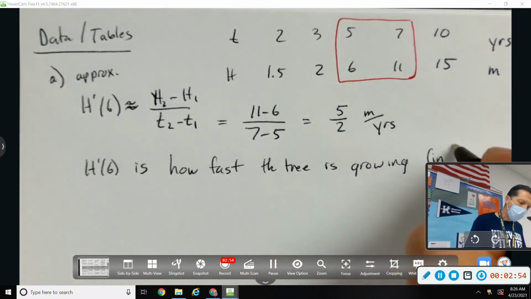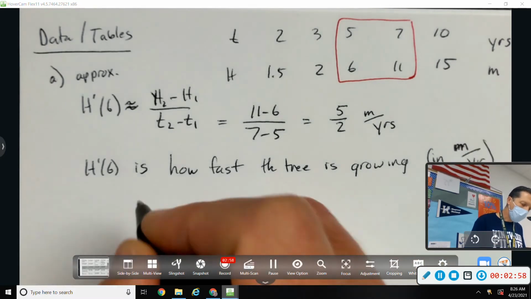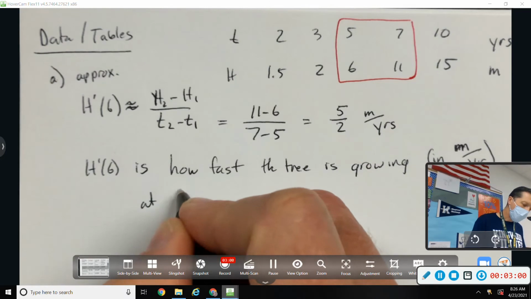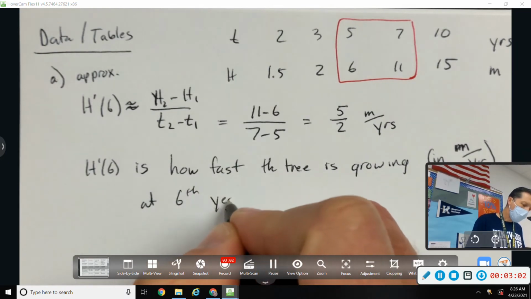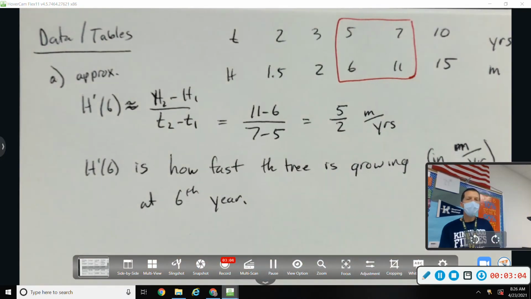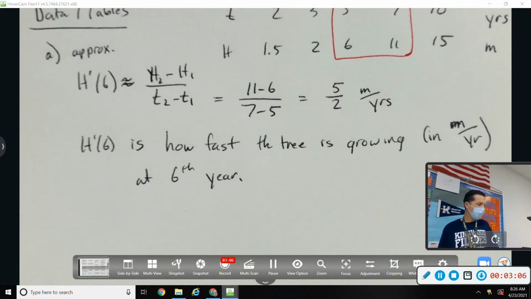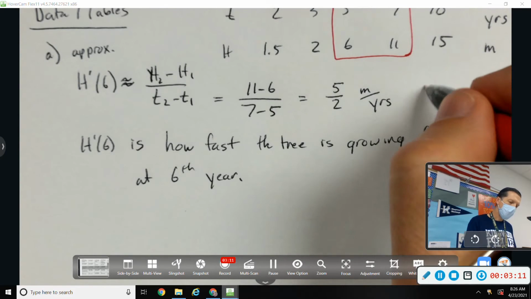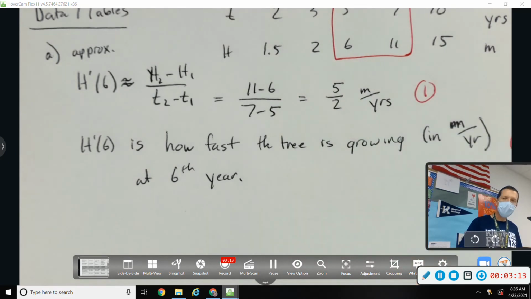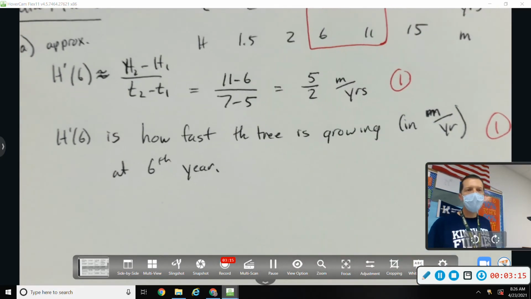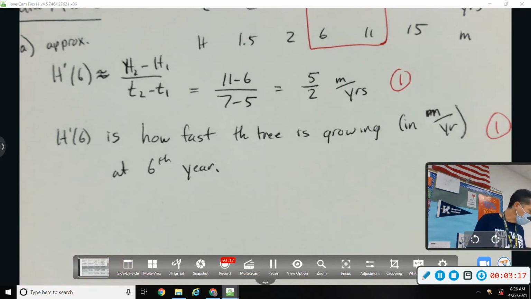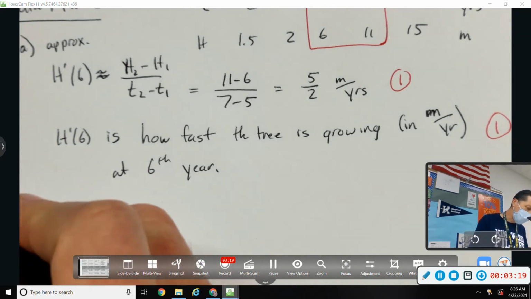And it made a big deal out of units, so let's go ahead and throw it in there. In meters per year at the 6th year. That's probably only a two-point part of that problem, my guess, because it has 4 parts and that one was pretty easy.